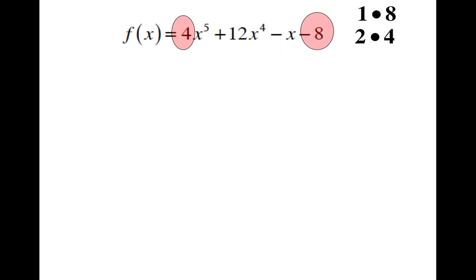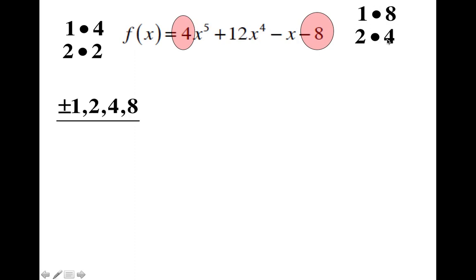To multiply to 4, we could do 1 times 4, or 2 times 2. So we're going to do plus or minus these factors from least to greatest. So plus or minus 1, 2, 4, and 8. And we're going to divide it by these factors. Now because 2 is written twice, I don't need to write it twice down here. So it would just be plus or minus 1, 2, and 4.